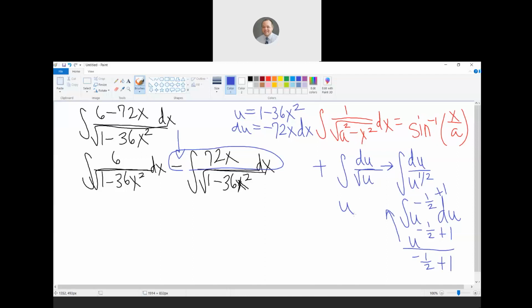So this becomes u to the 1/2 power all over 1/2. Now, when we divide by the 1/2, we flip the 1/2 and it becomes its reciprocal of 2. So this is 2u to the 1/2 power.